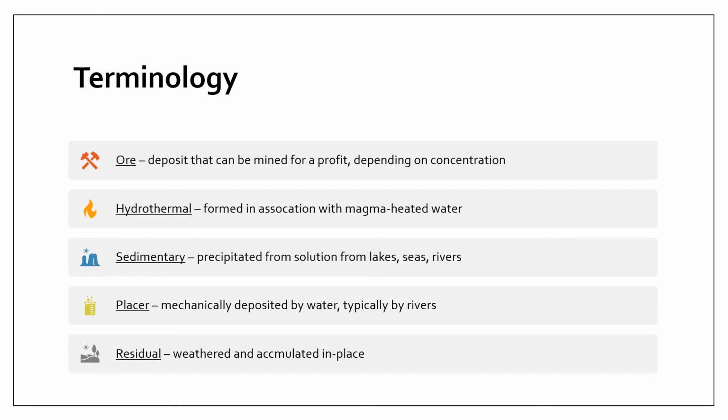While placer deposits are mechanically deposited, particularly by rivers. And then residuals are deposits that are actually weathered and accumulated in place, such as in the case of laterites, which are typically just formed in place.